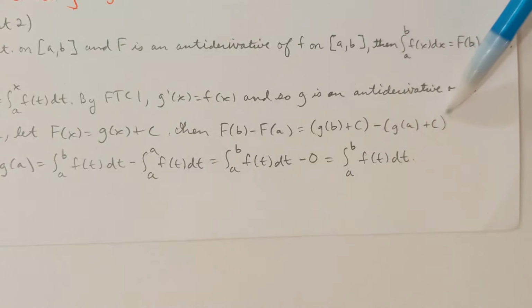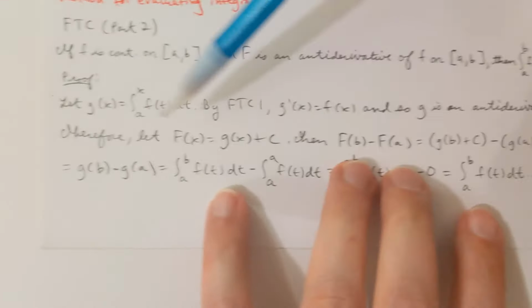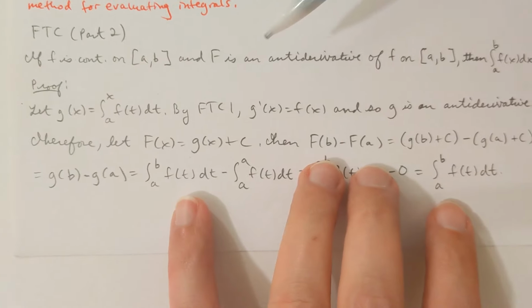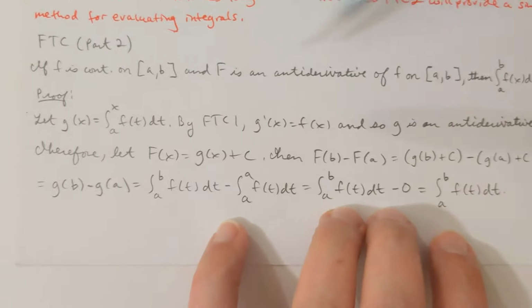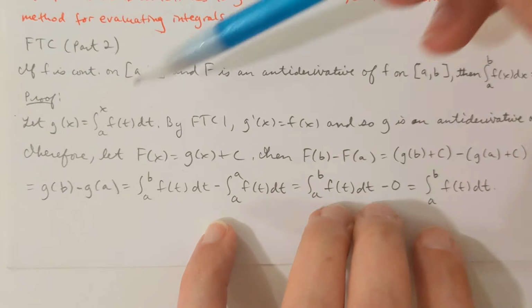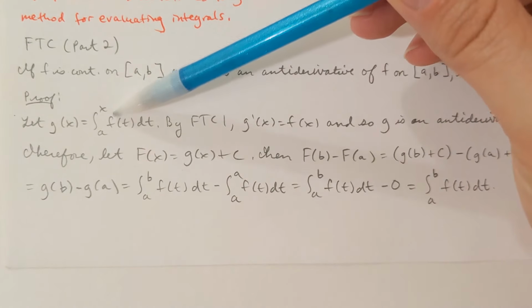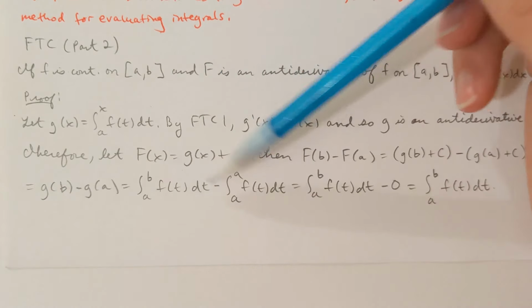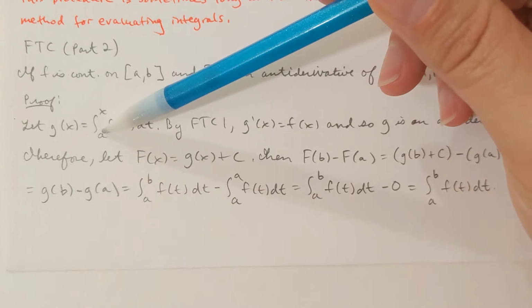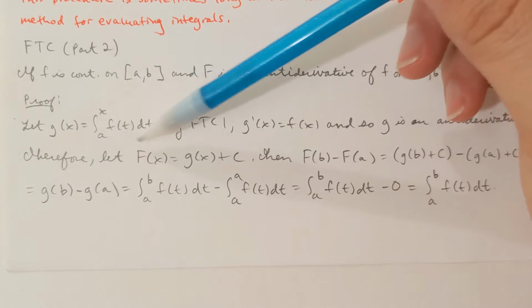The constants would cancel there, and so we are left with g of b minus g of a. Here's g of x. G of b would be the integral going from a to b of f of t dt. G of a would be the integral going from a to a of f of t dt.